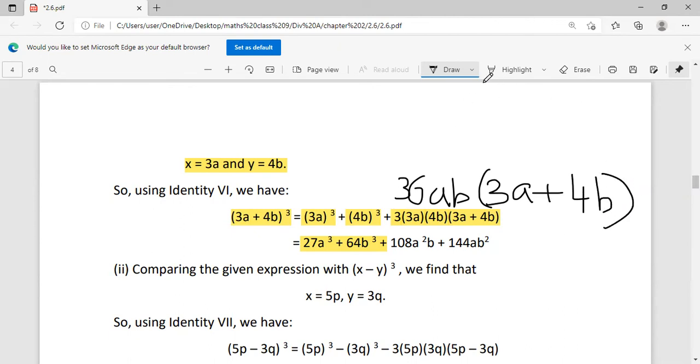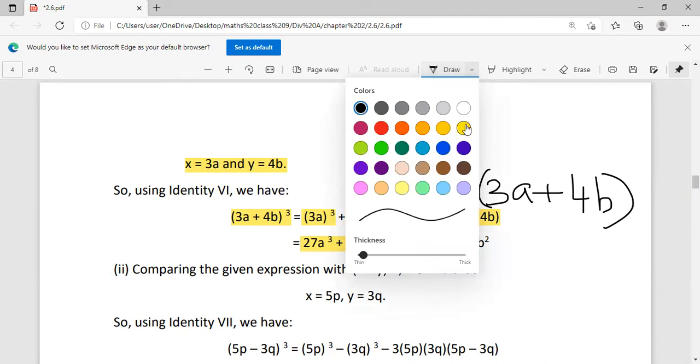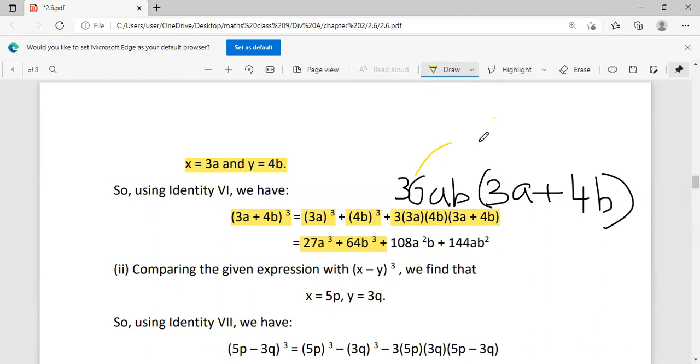We are opening the brackets. First we are multiplying this, now we are multiplying this. That is 36ab into 3a, that is 108 a squared b, and 36ab into 4b, which is equal to 144 ab squared.